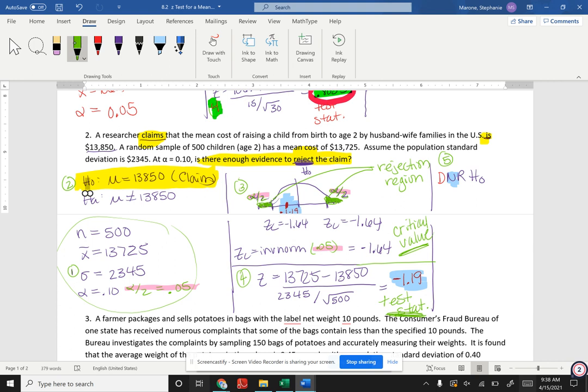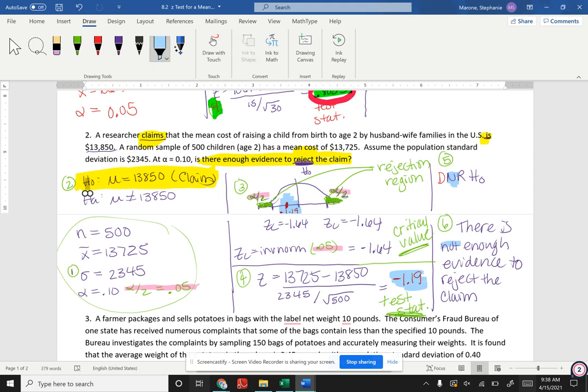So step 5 or 6 is there is not enough evidence to reject the claim. So there is not enough evidence to reject the claim.